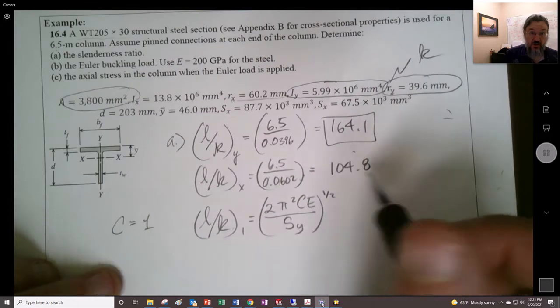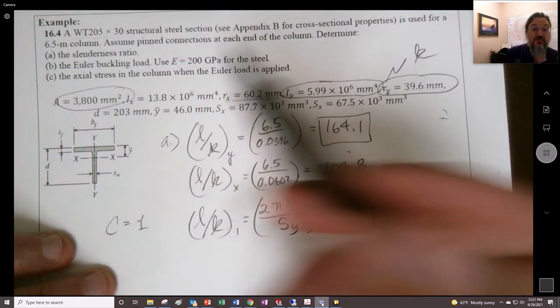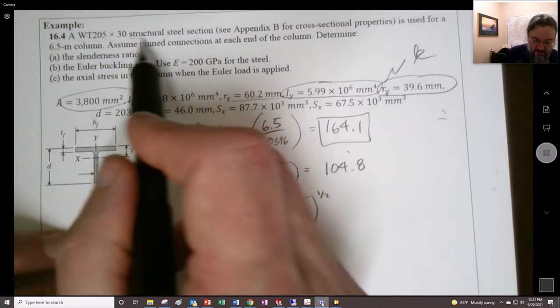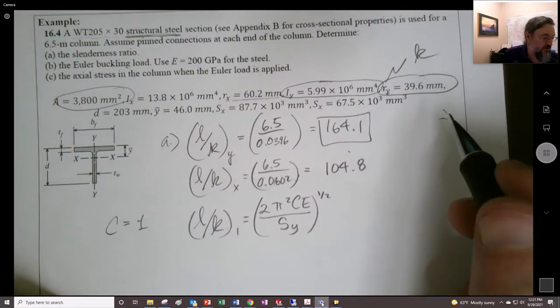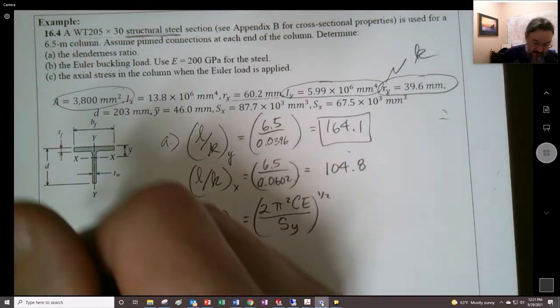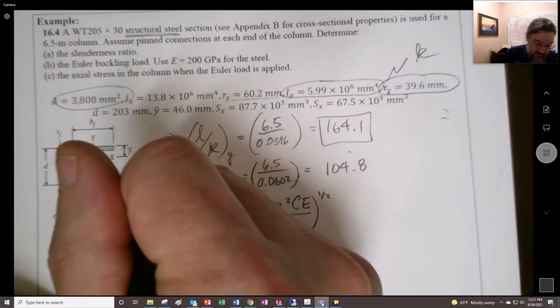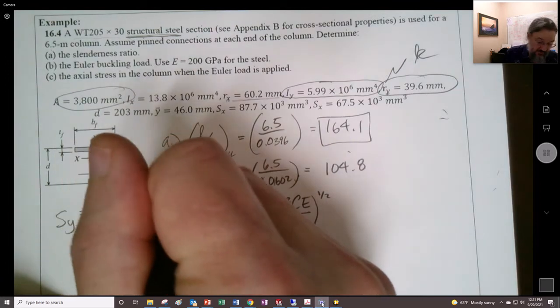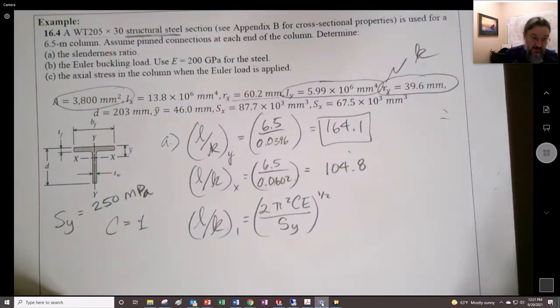They decided to use structural steel, I think, and for that we can look it up. I decided that the yield strength of structural steel is 250 megapascals, and we can look that up later to see what kind of steel that was.